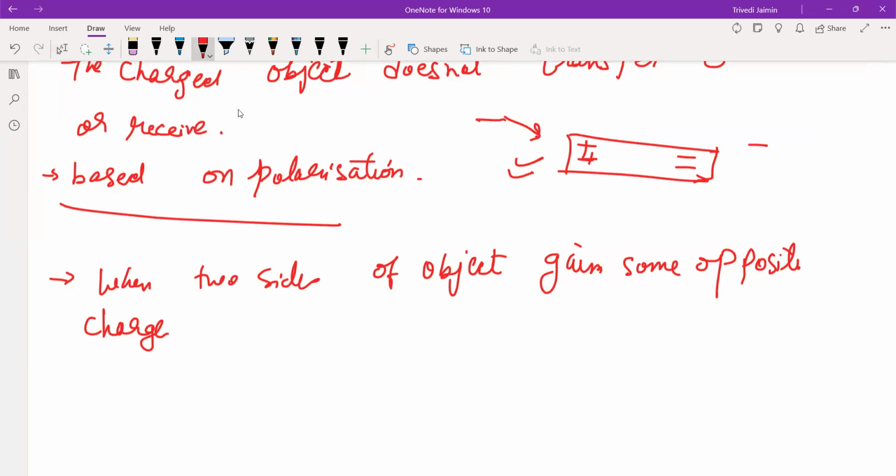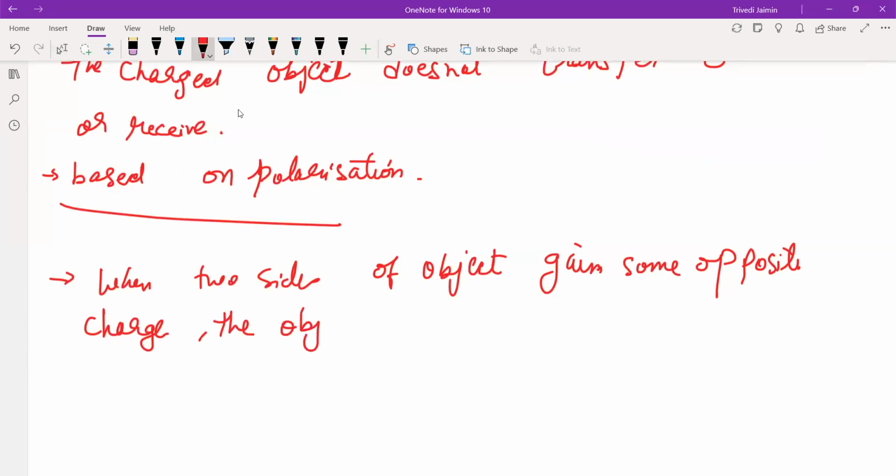So it will behave both ways. That will create a potential difference. That we'll study later. So when two sides of an object gain opposite charges, the object is polarized.